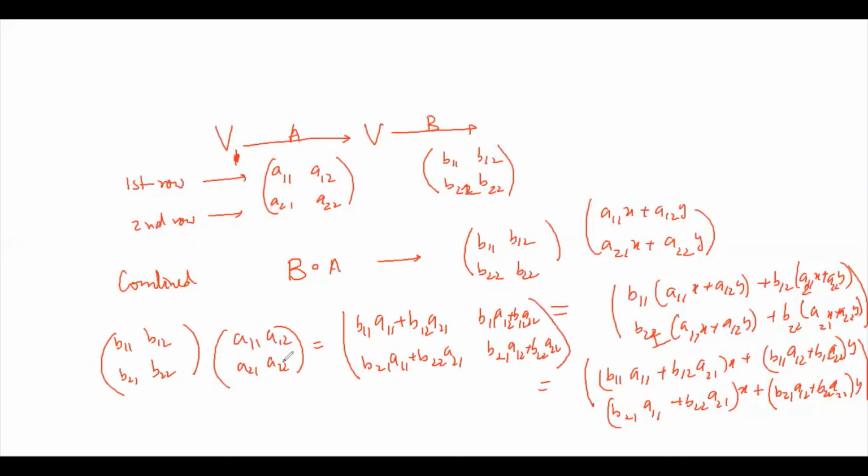So you see, A followed by B, the effect is you go directly as a multiplication BA, and the matrix element for this is nothing but the sum over k of Bik Akj.